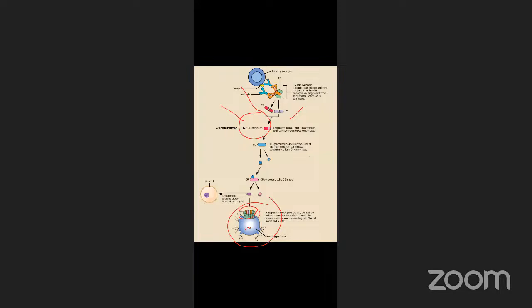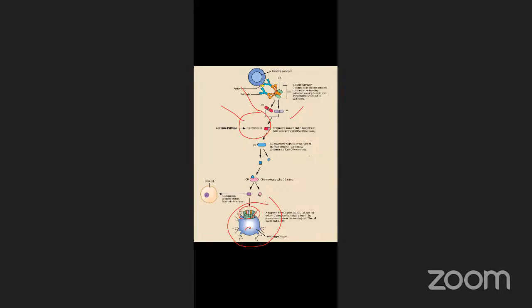This is about complement protein and complement subunits. The main important role of these subunits: coming to the C1, especially C1q binds with the antibody. This information is on page number 111, where you have full information.